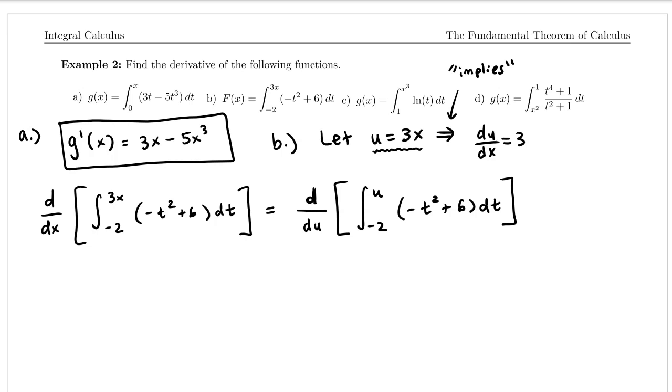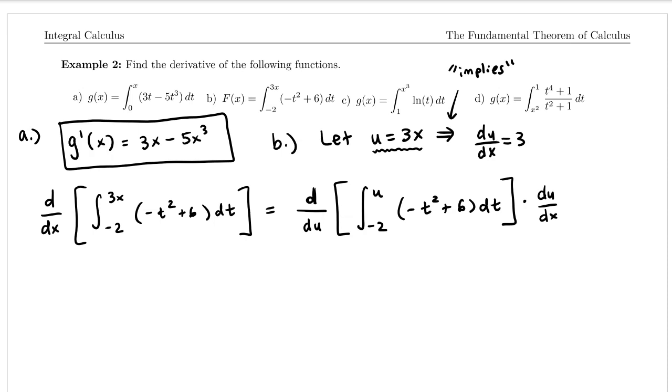And this idea is going to come from differential calculus. If I'm taking the derivative with respect to u, I need to multiply this by du dx, and this idea is coming from the chain rule. One way that you can think about this is, remember, d du and du dx are not fractions, but they kind of behave like fractions.